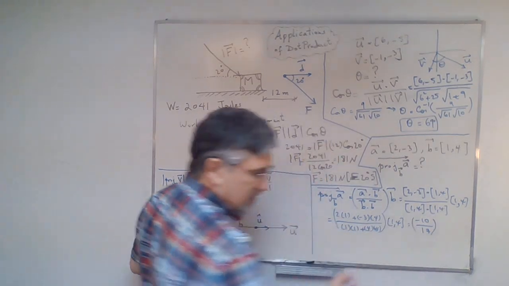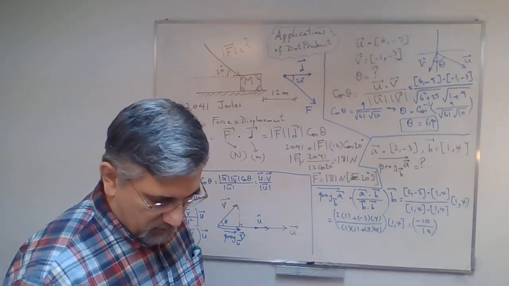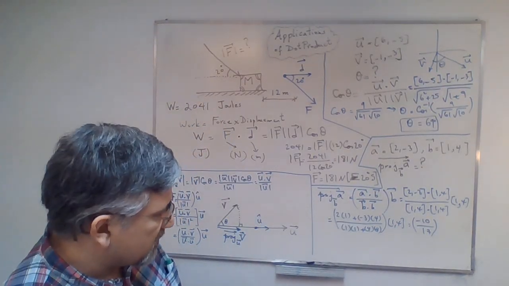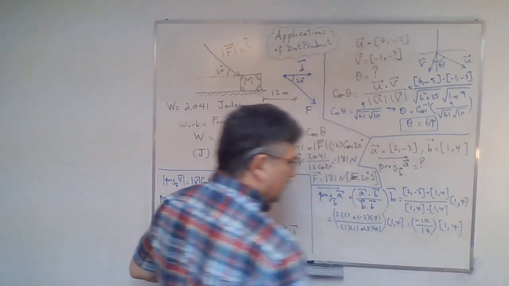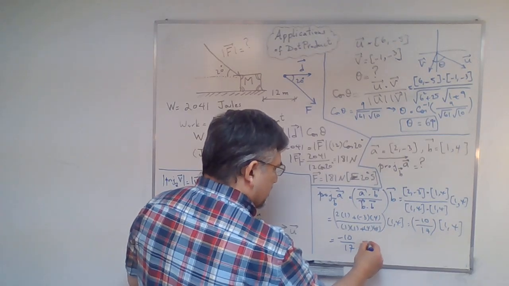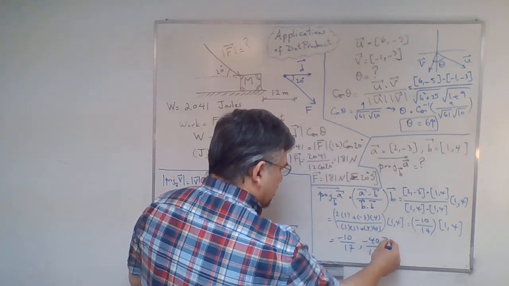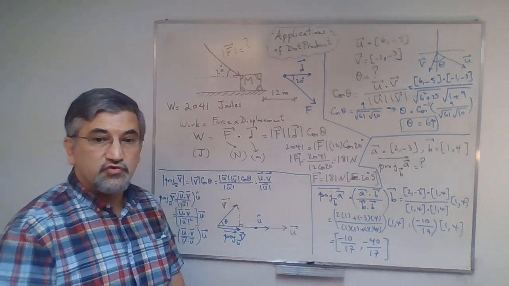So that is the scalar I was talking about earlier. That's negative 10 over 17. And we're going to multiply this scalar by the vector 1 comma 4. So negative 10 over 17, negative 40 over 17. This is actually the vector we were trying to find.